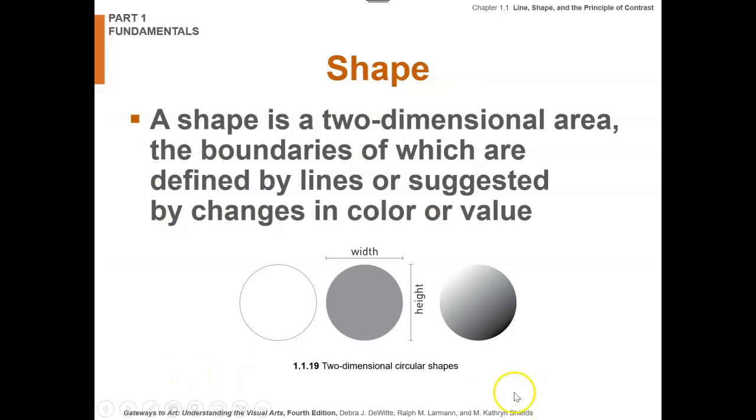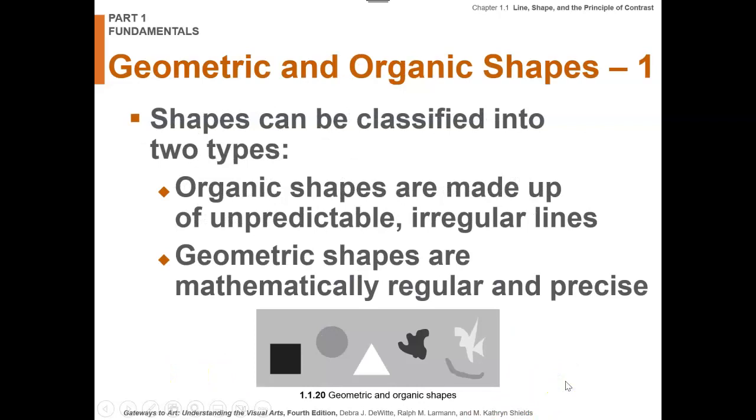In shape, we also have the same idea of organic shapes and geometric shapes. Just remember that organic shapes are very unpredictable and irregular, whereas geometric shapes are more mathematical and very precise. We think about man-made.